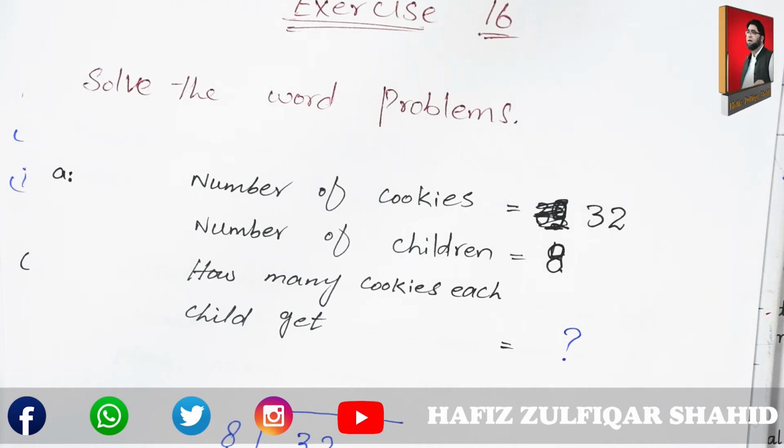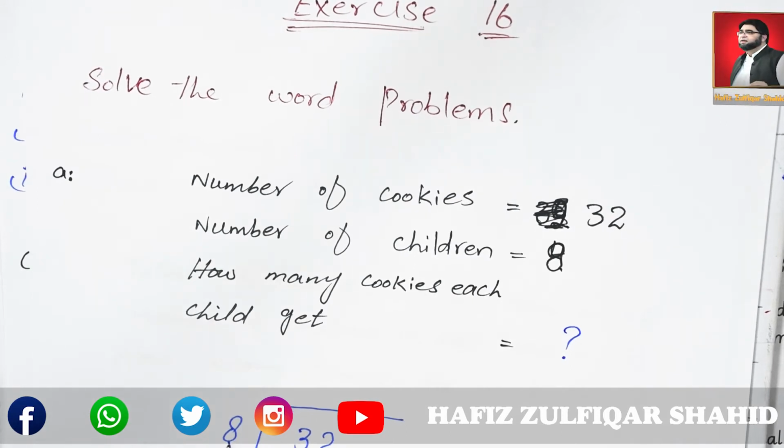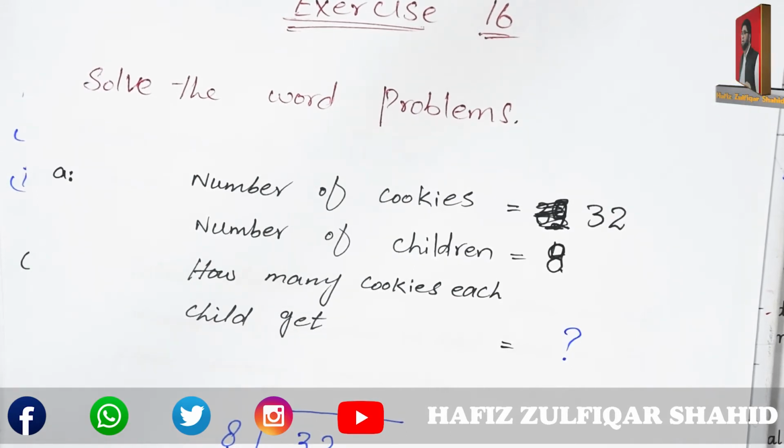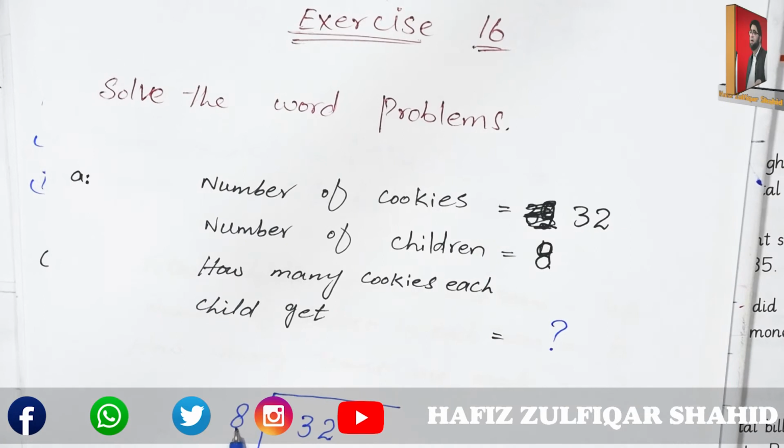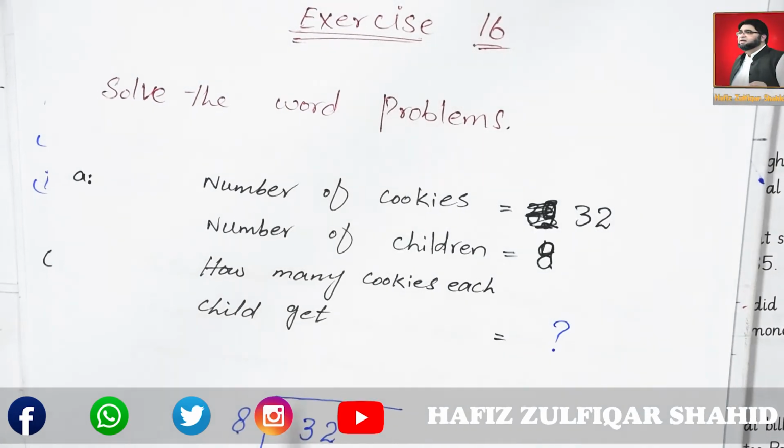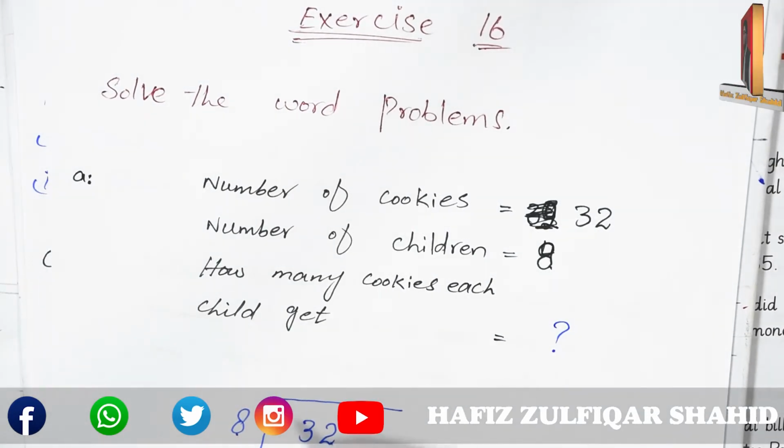Read the table loudly or read the table after me. 8 times 1 is 8, 8 times 2 is 16, 8 times 3 is 24, 8 times 4 is 32.